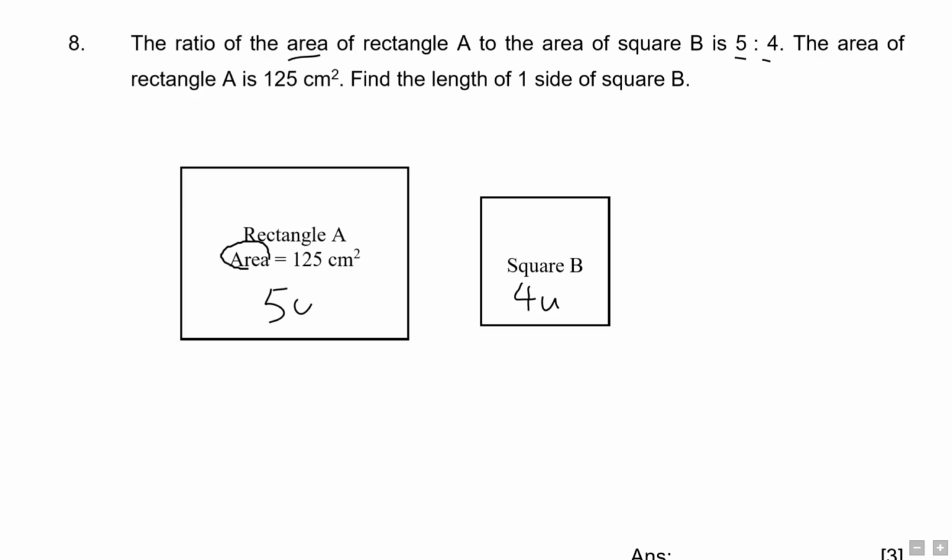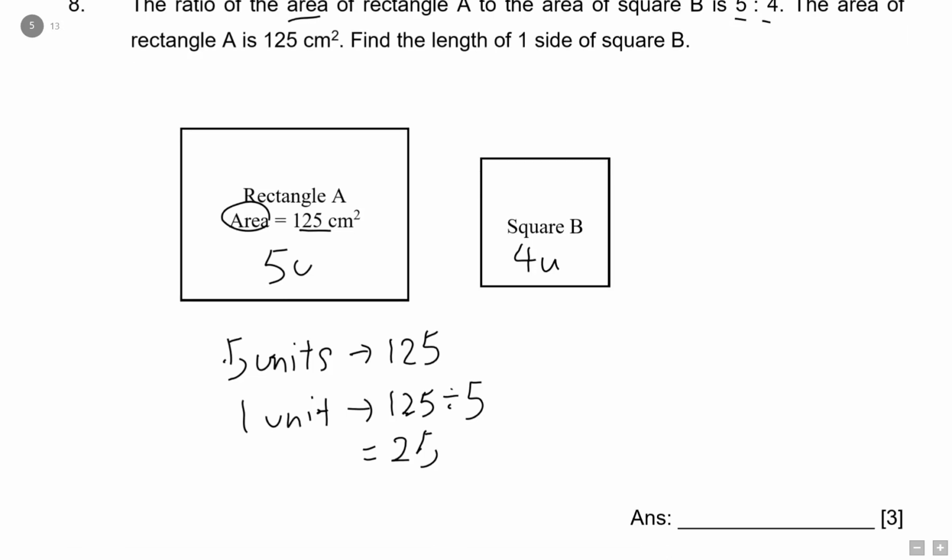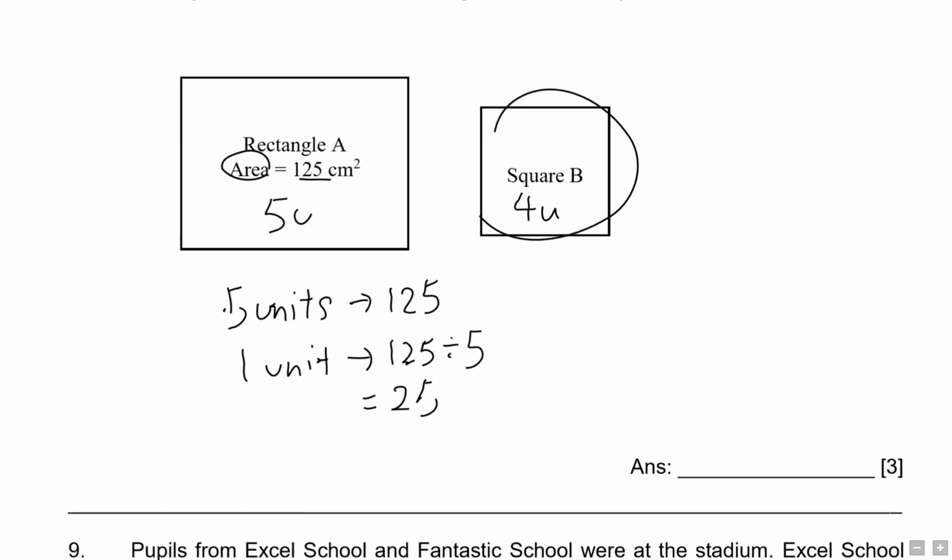So they have given to you area 125. So meaning to say 5 units is equals to 125. So we will want to find always for 1 unit first. With your calculator, again, let me always remind you, paper 2 is just calculator. Don't bother using your division working, which will give you 25. Okay. Now we do not know how much is the area for square B, but we can know that there are altogether 4 units for the square.